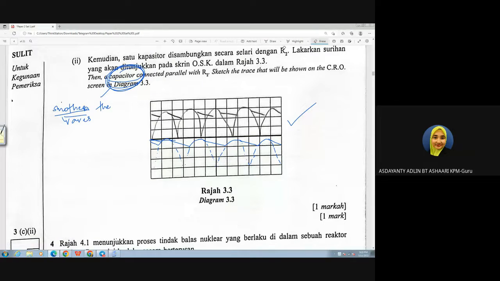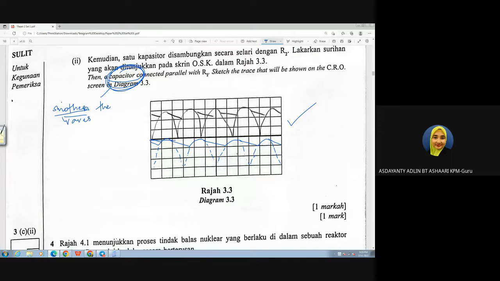Okay, so boleh tengok buku macam ni. Ingat balik. Okay, so function of capacitor is to smoothen the current. So the alternating current. So jadi pattern dia macam ni lah.